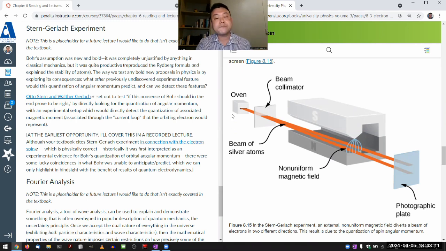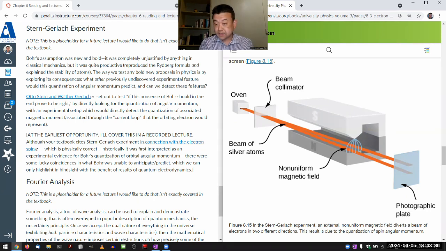But because the silver atom has one unpaired valence electron, in certain ways the property they were looking for would be quite similar to hydrogen. So they could do the experiment with silver atoms and infer properties of hydrogen atoms based on what they observed.